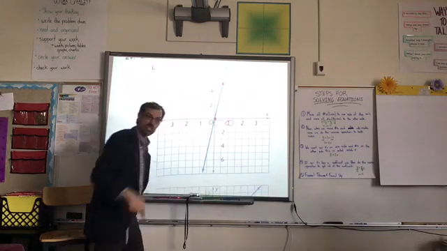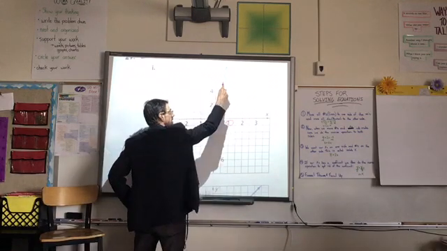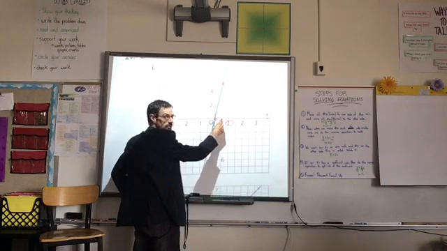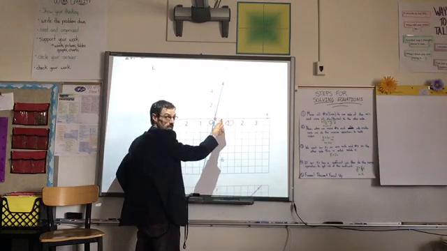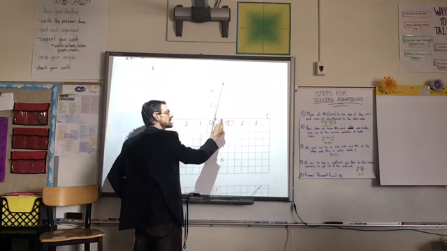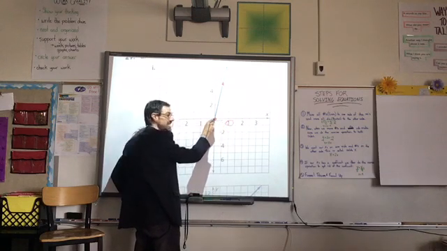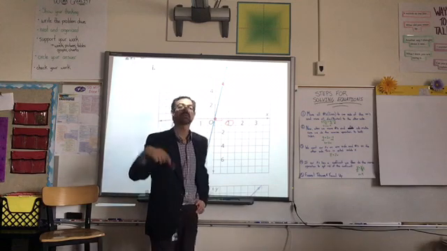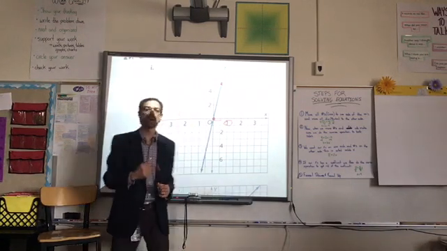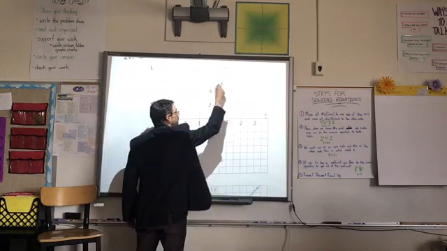Now watch this. If I'm here and I go from here to there, is that positive? No, that's going to be negative. That'd be negative 5. And if I'm here to here, is that positive? No, that's negative half. But what's a negative divided by a negative? Positive. So what matters is that you follow your flow.